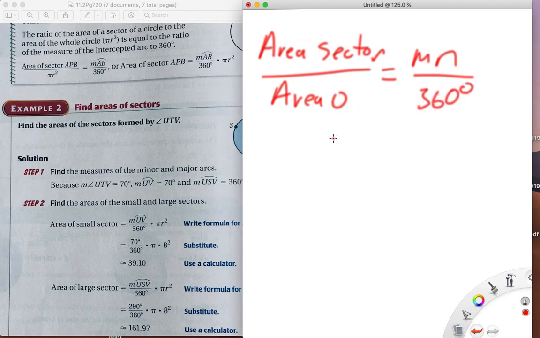So that is our proportion when we're trying to solve for finding the area of the circle or for the area of the sector.